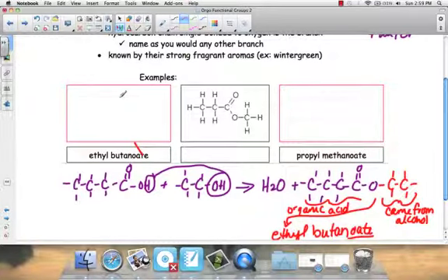So that's an ester. So I'm going to draw that up here in the box for you. So 1, 2, 3, 4. I draw it in a different color so you can see where we added the alcohol part on.